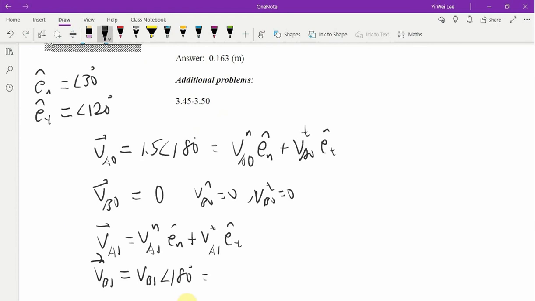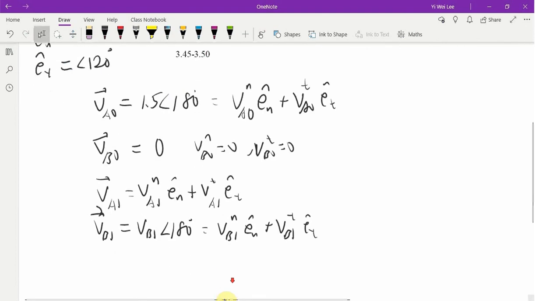In this case, we can find VB1n En plus VB1t Et, right? And VB1n and VB1t can be represented in terms of VB1. That's something that you have to do.